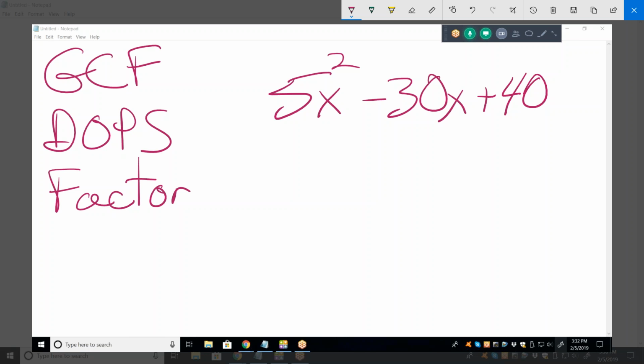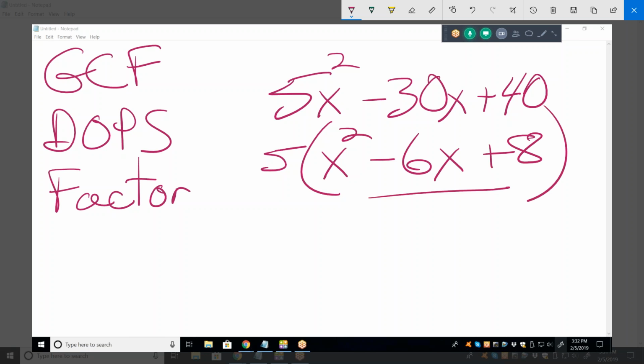Okay, read me the next line. 5 parentheses x squared minus 6x plus 8. Perfect. Notice we now have a simple quadratic to factor. Okay? Can't get rid of the 5, but we're going to bring it along for the ride.